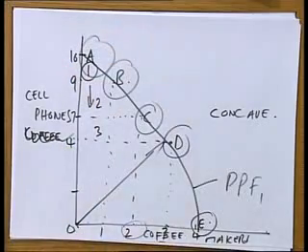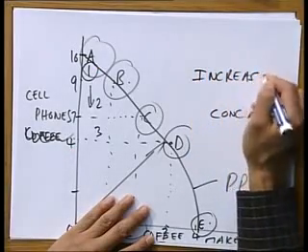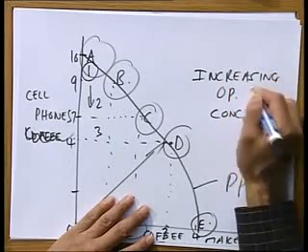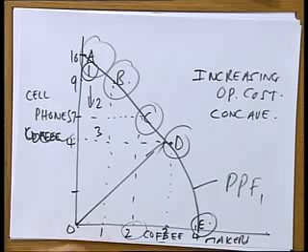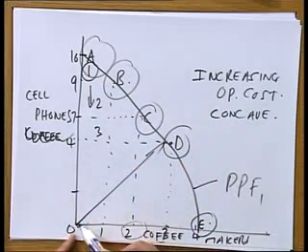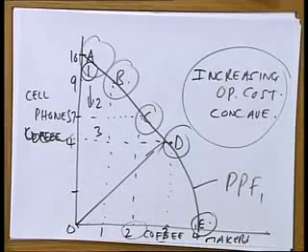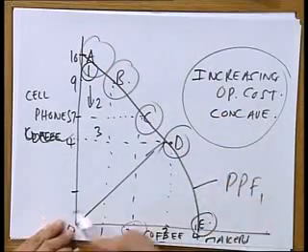As we produce more coffee makers, the opportunity cost of coffee makers increases as we move along this curve. This is the reason why the curve is bowed outwards or concave downwards, and that indicates increasing opportunity cost. So if the PPF curve is concave downwards or bowed outwards away from the origin, then it indicates increasing opportunity cost.